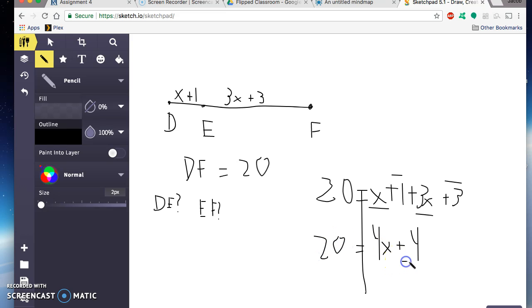So I'm going to subtract 4 from both sides, and I'll get 16 equals 4x. Now, if I divide both sides by 4, I know x equals 4.